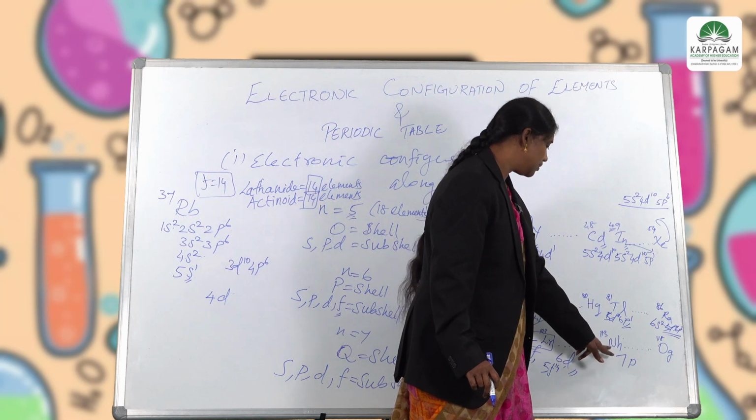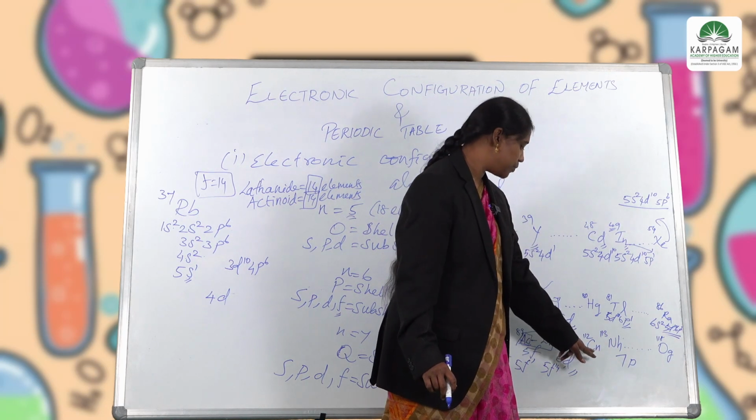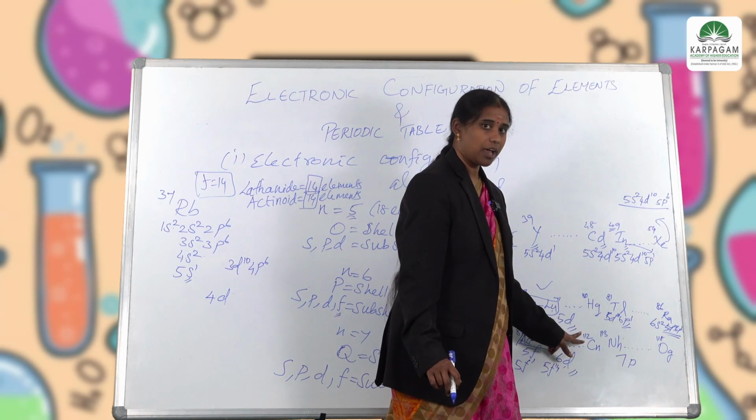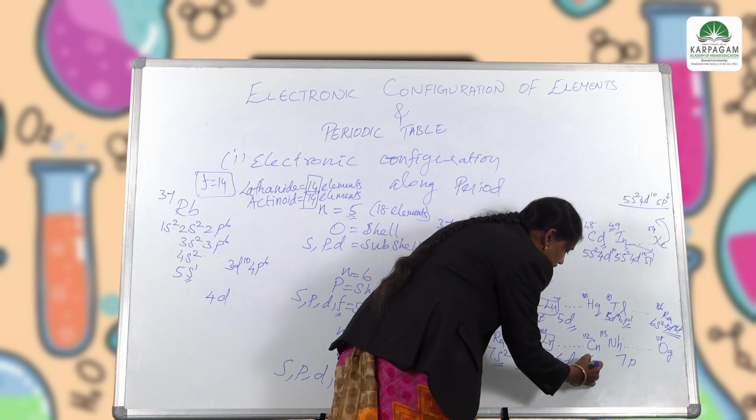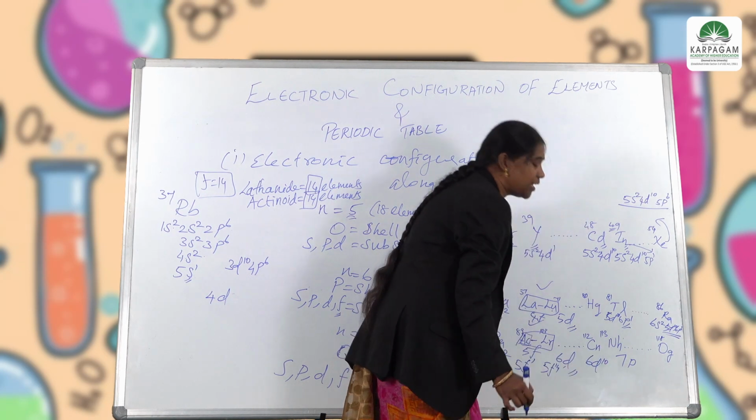Next the 6d series ends with copernicium, whose atomic number is 112. Here the outermost electronic configuration is 6d10.